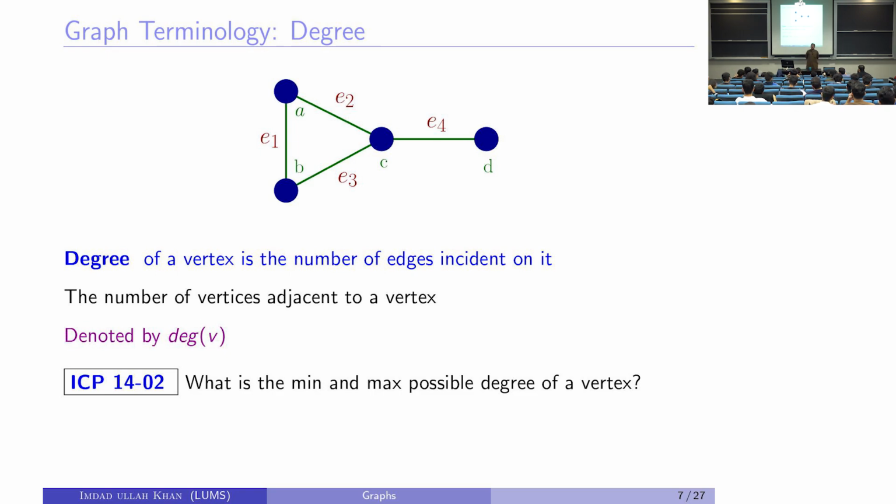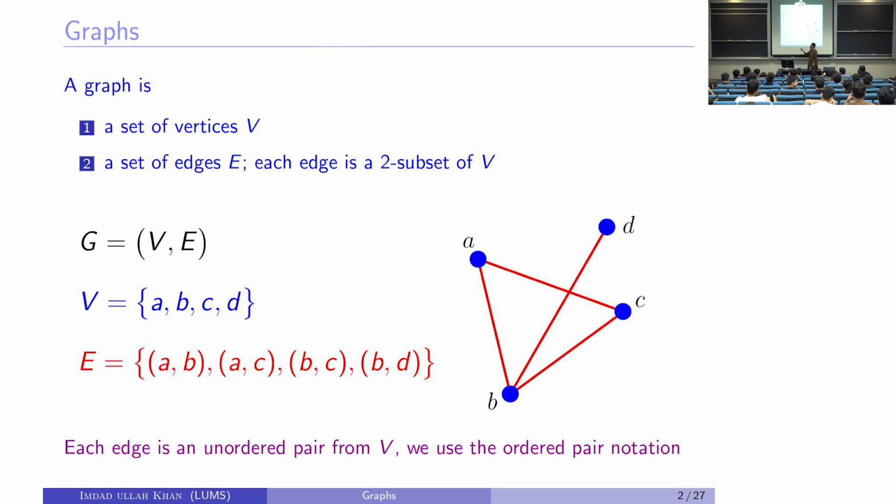Can you give me a set theoretic definition of this degree? In the edge set, how would I find the degree of V? You're given the edge set. Picture the edge set, with 19 vertices: this is one edge, then the second edge, then the third edge. 19 minus 1 is the right answer.